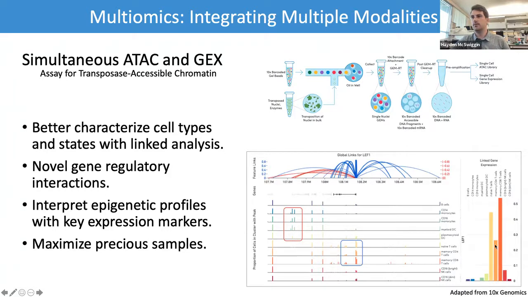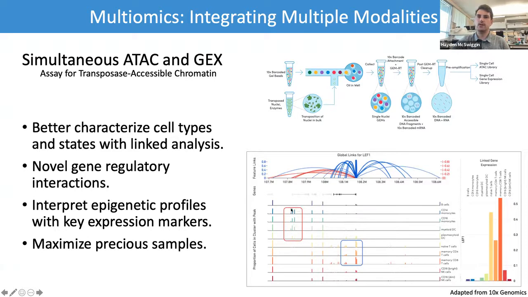And then when you look at the cell types where the expression of this gene is high, the naive T cells, memory T cells, there are these regions of chromatin that are open. And so you can identify this as a positive regulator of this gene.